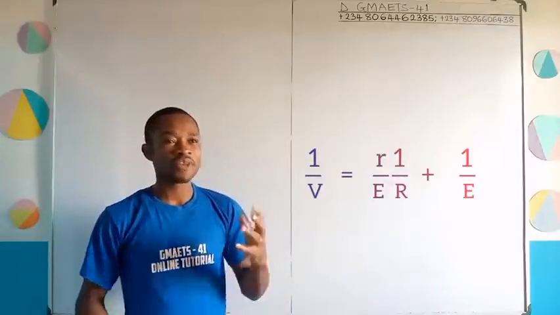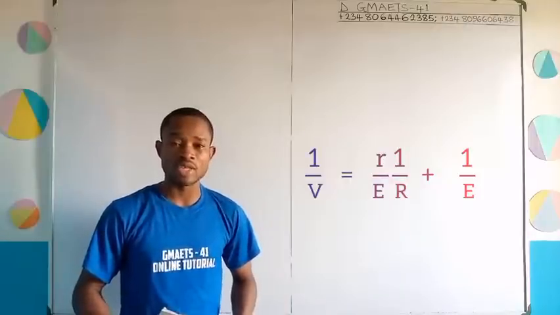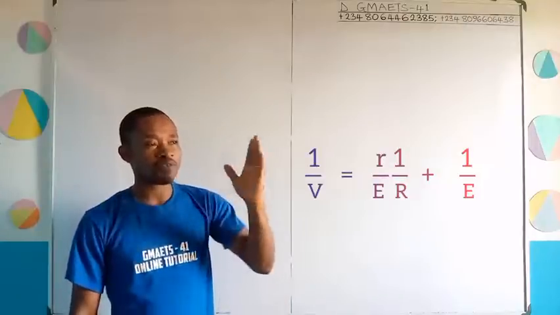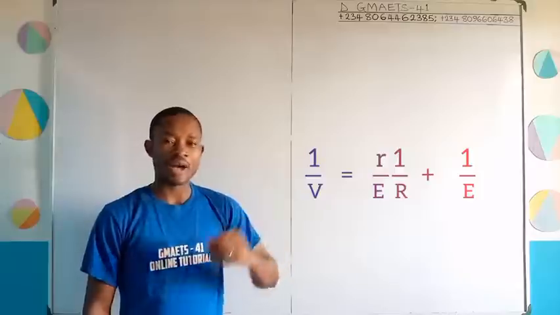Remember, following the table of values obtained, we are going to plot the graph of 1 over V against 1 over R.